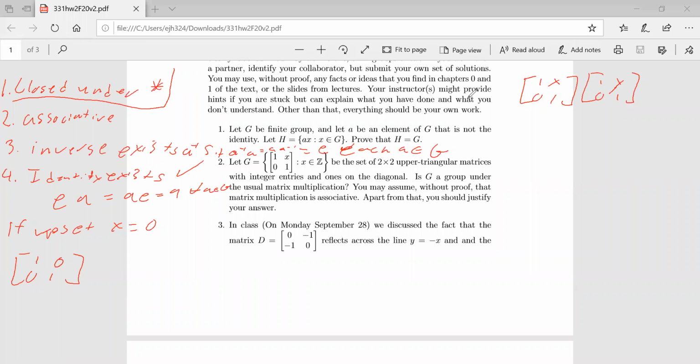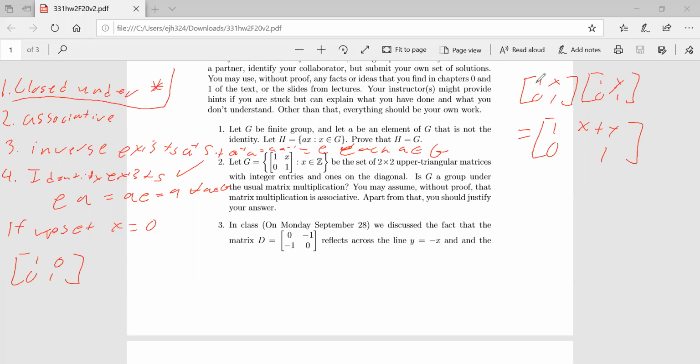Cool. Thank you, Marius. So we get that this is going to be equal to 1 in the top left. This entry right here is x plus y. This one is 0, and this one is 1. Actually, that calculation should be enough to tell you that this is in fact closed, and it operates exactly like addition in the integers.